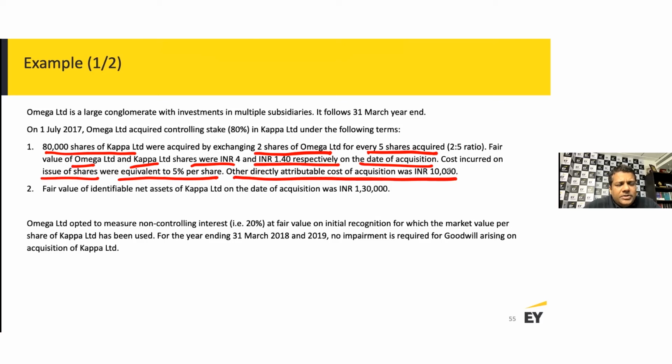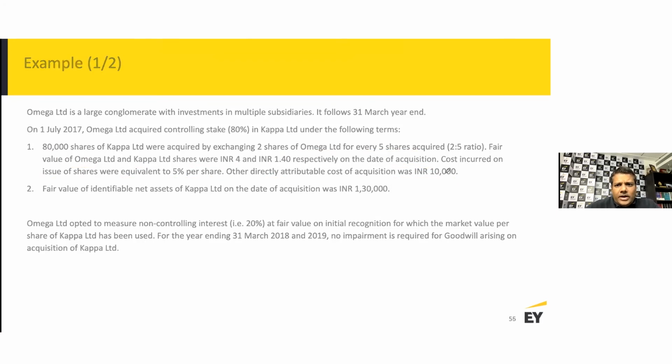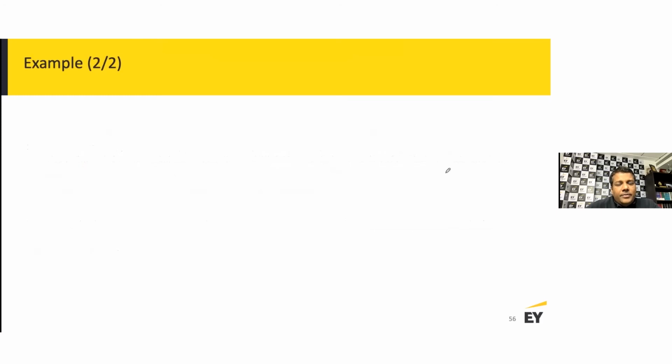Which is 1.4, right? For the year ending 31st March, 80,000 shares have been acquired. There are 20,000 shares which are minority. For the year ending 31st March 2018-19, no impairment is required for goodwill arising on acquisition of Kappa Limited. All right. Now, more information.